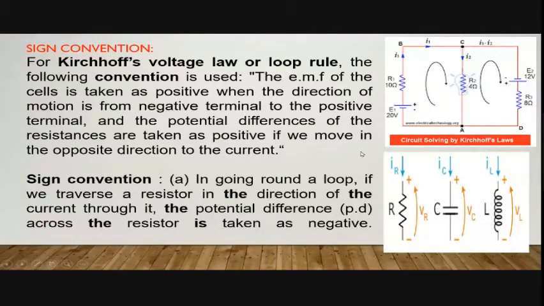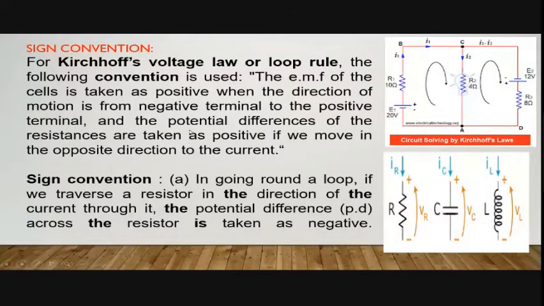Now this is for the EMF source, that is the voltage source. But what about this voltage across this resistance? The current is flowing in this direction, correct? Current is flowing from the lower end to the upper end like this.